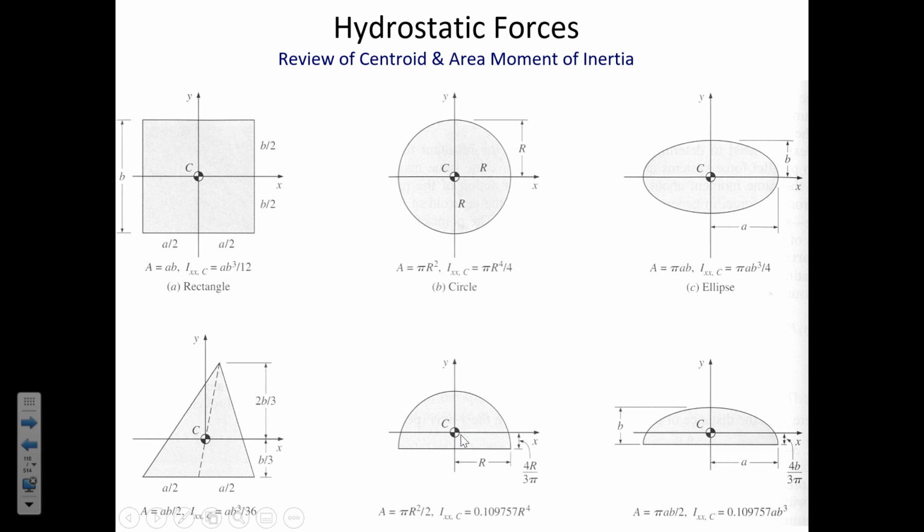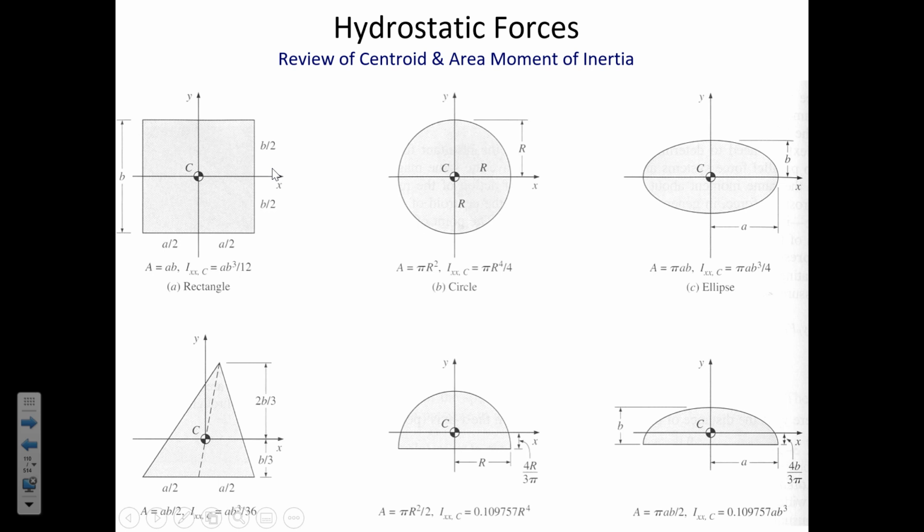And so just to set the groundwork, I know maybe this is a little bit hard to read if it's small on the screen, but the area moment of inertia for a rectangle is AB cubed divided by 12, where A is the width of some submerged body and B is the height.